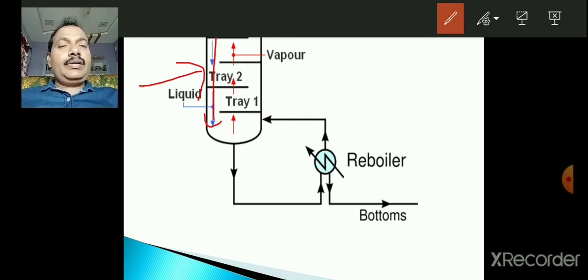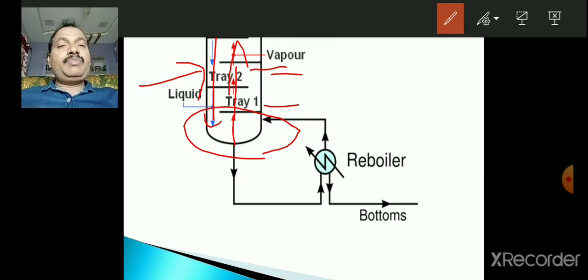Because here the furnace, that is the heat input, is there, vapors are produced, and those vapors are moving upwards in the distillation column. Hence, at different tap locations of each tray, each byproduct is collected like this.